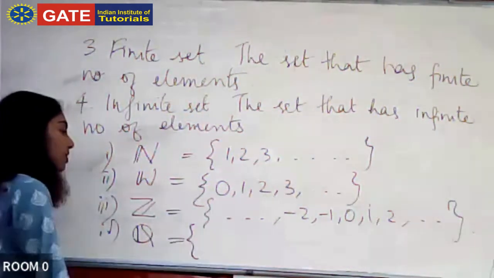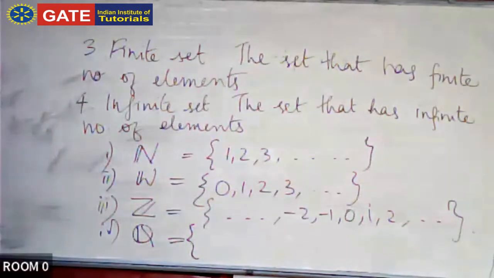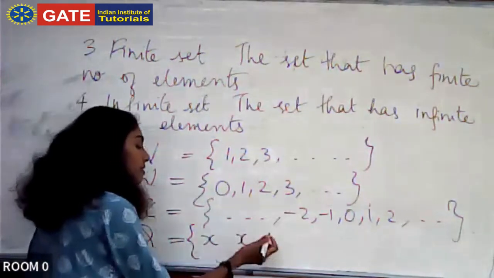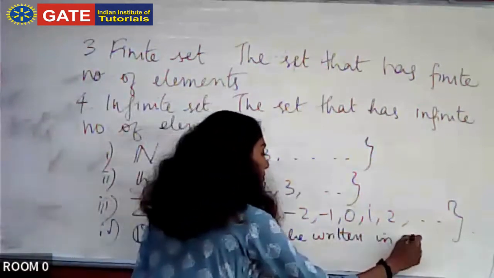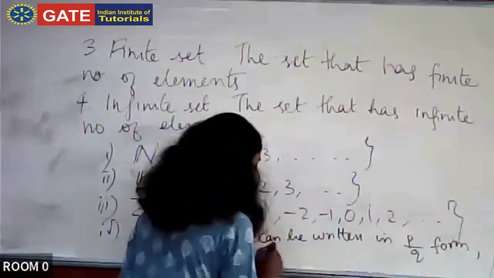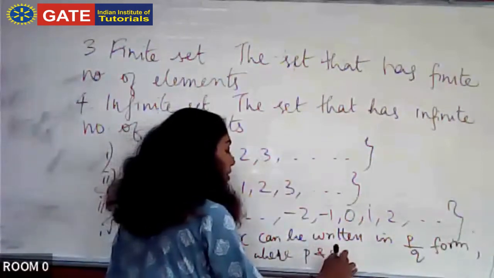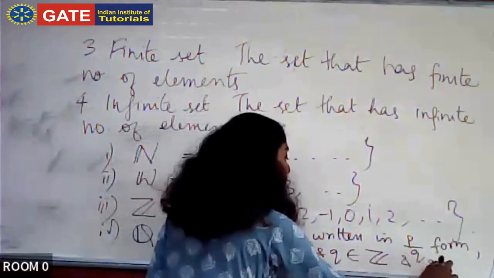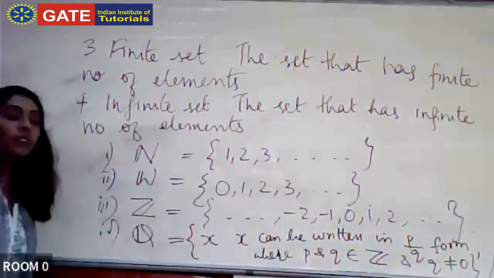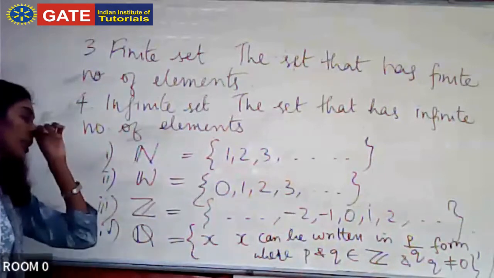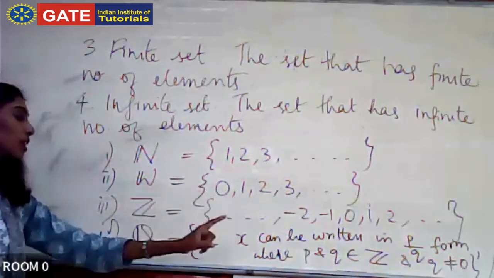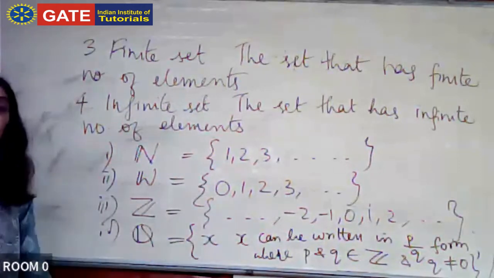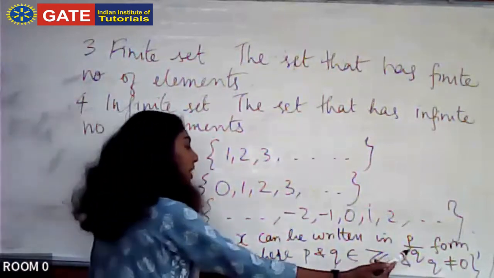And how to represent the rational numbers? Here we will use the set builder form representation. That is, the set of all x such that x can be written in p by q form, where p and q are coming from the set of integers and q is not equal to 0. Any number that can be written in p by q form, with p and q from the set of integers and q not equal to 0, because q we write in the denominator.